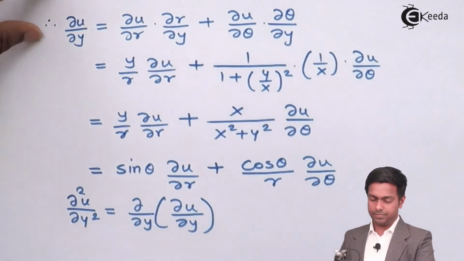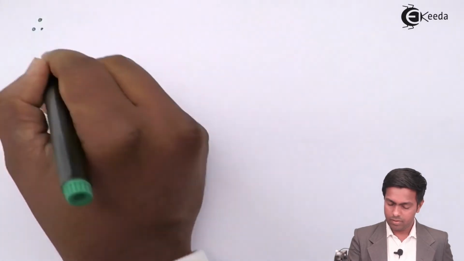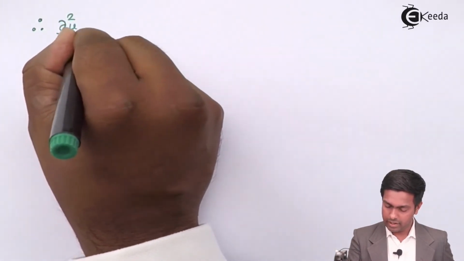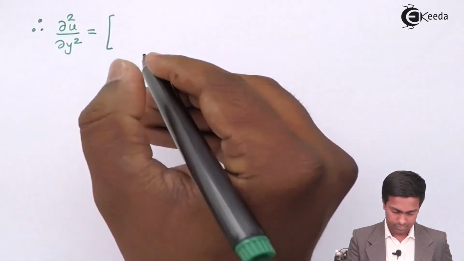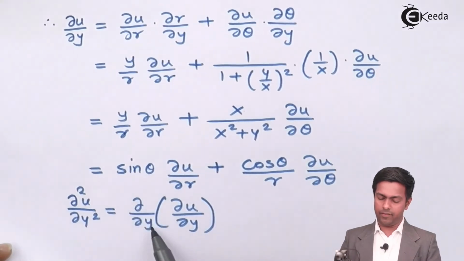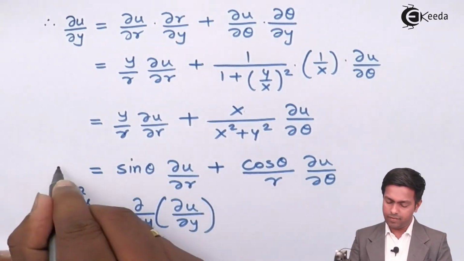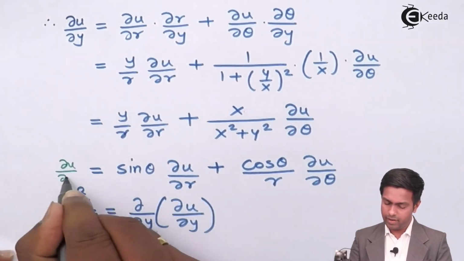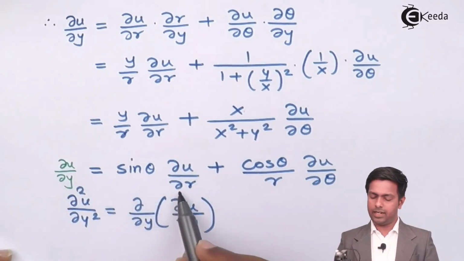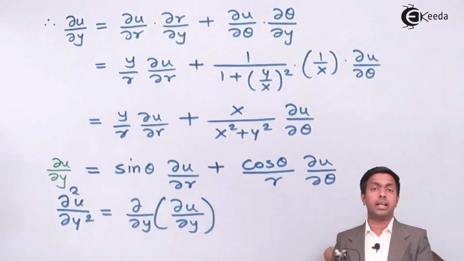So here I'll say therefore del square u by del y square equal to, now the value of del by del y, so this same value, because this is the value of del u by del y, and we'll eliminate this u, so we'll get sin theta del by del r plus cos theta upon r del by del theta.